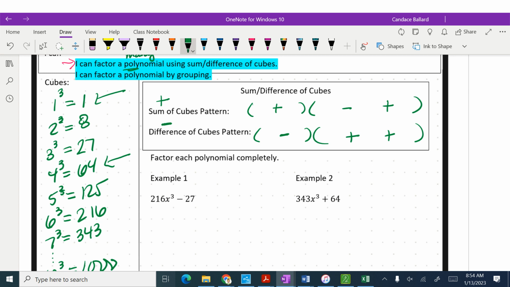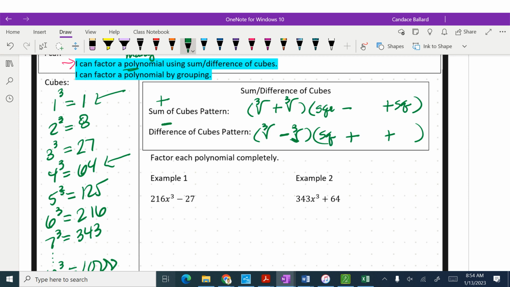You're going to be given a cube factor. So to get this part, you take a cubed root of the front, a cubed root of the back. This is more for when you're trying the homework assignment, to refresh your memory. What did we do? It's not going to make a whole lot of sense until we actually try a problem. This here, we're going to square, and the back we square.